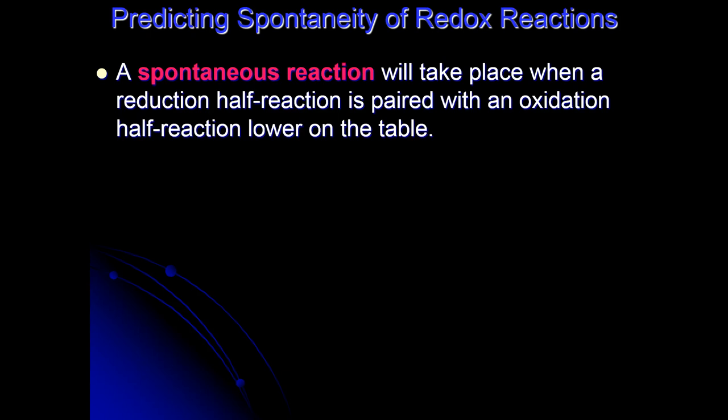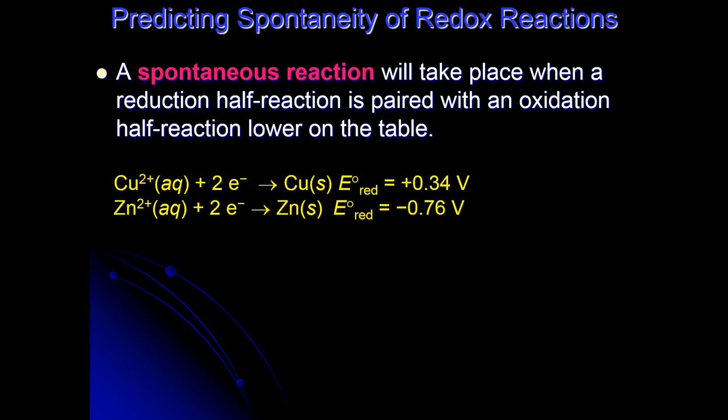All right. Let's talk about predicting spontaneity of redox reactions. A spontaneous reaction will take place when the reduction half reaction is paired with an oxidation half reaction lower on the table. Back to our old friends, copper and zinc. Remember, copper was the one with the large positive reduction potential.